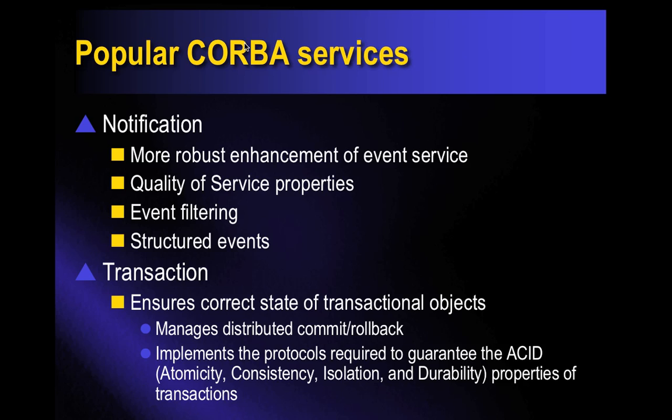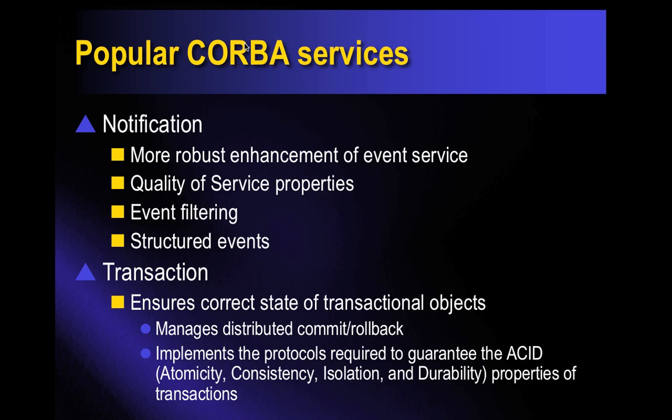With the transaction service, we ensure that the current state of the transaction of the objects is maintained, and we can track and monitor that through different things. So it manages distributed commits and rollbacks just the same way as the Java Transaction API as we looked at yesterday. It's a competing technology, the same type of functionality, the same types of features made by somebody else, not made by Java. I should say not made by Sun.